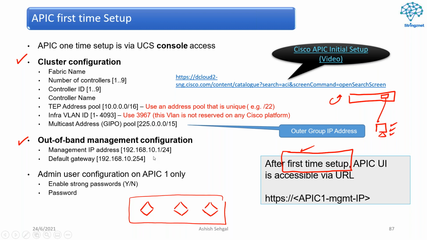Now let me tell you various information which you need to provide, and make sure that the information you're providing in these three controllers is similar wherever required. For example, the fabric name. On each and every controller, you have to provide a fabric name. Make sure the fabric name is the same, which is the name of the ACI fabric.